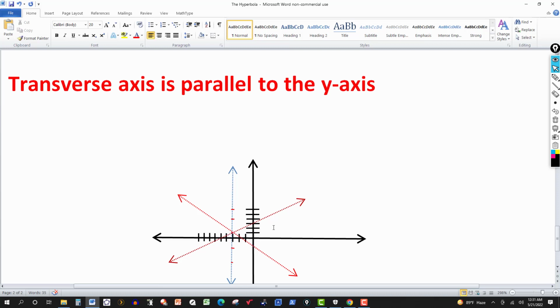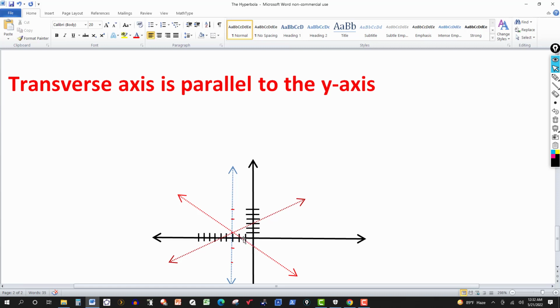For these two, these are the asymptotes. So where these two red lines cross, that's the point (-3, 1). That's the center. And then on the vertical line, the furthest point up and the furthest point down are the foci. And then the other 2 points, these are the vertices.